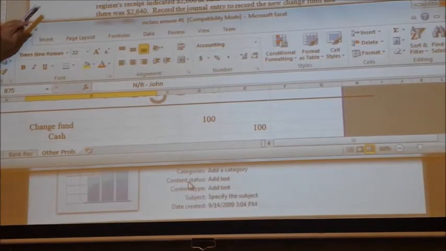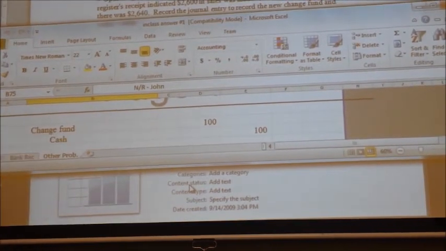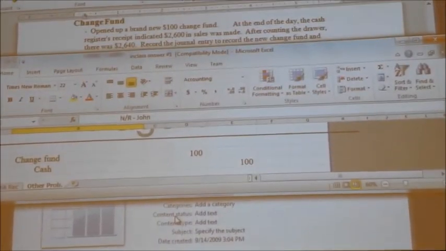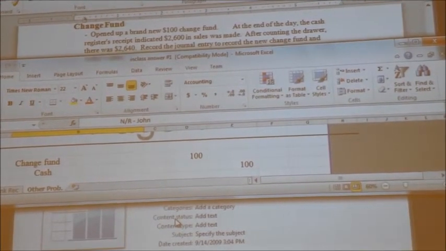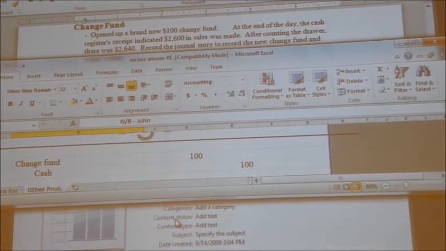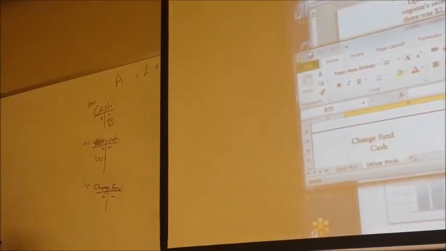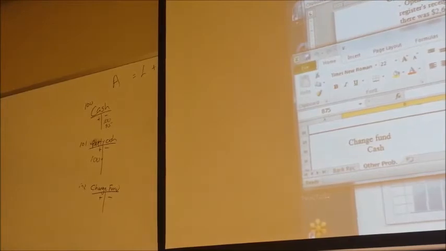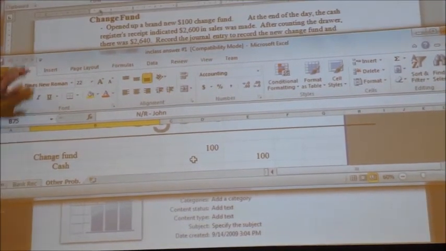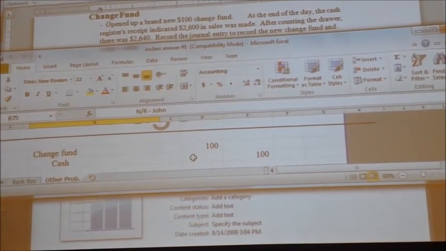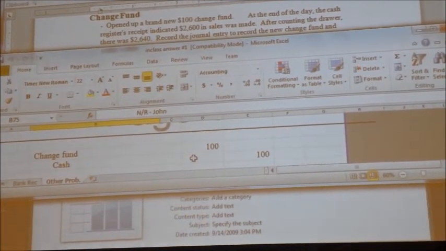So we started out with $100, brand new. Got to put that into my brand new change fund account. It's going to be right next to my cash. How much cash do I need to journalize that I received on that first day of business? $25.40.